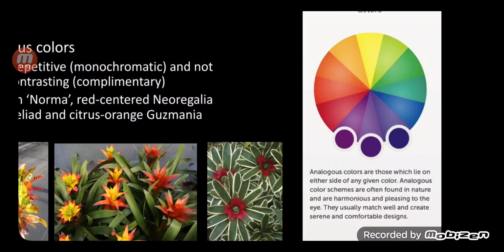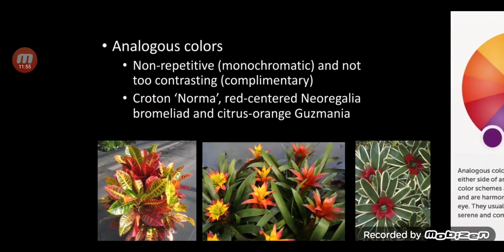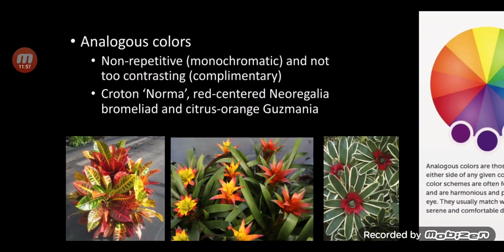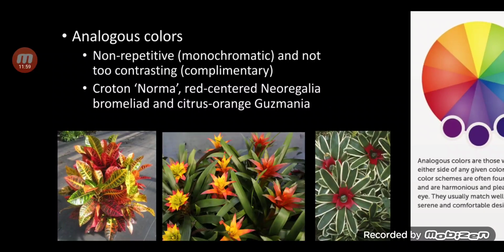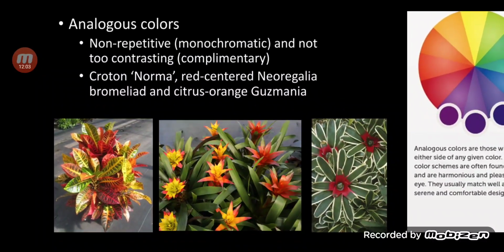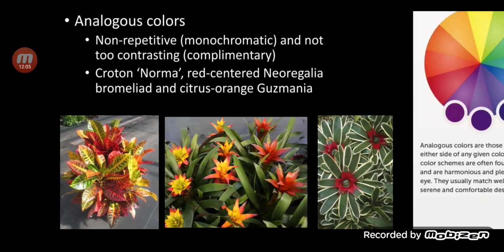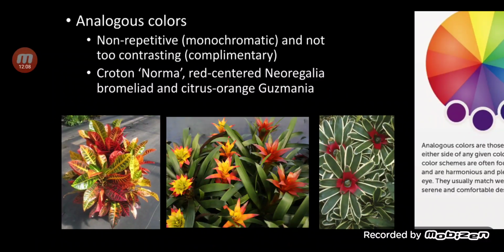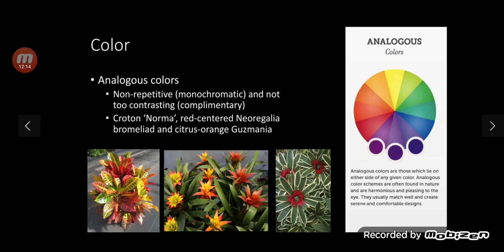Color continued. Analogous colors, non-repetitive, monochromatic, and not too contrasting. Croton, Norma, red-centered Neoregelia bromeliad, and citrus orange Guzmania.